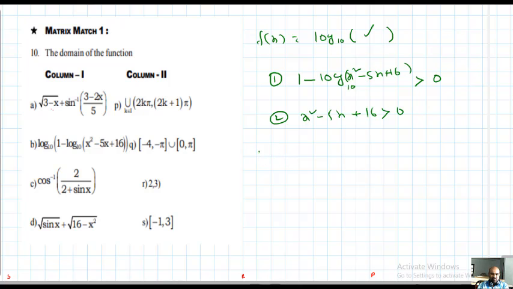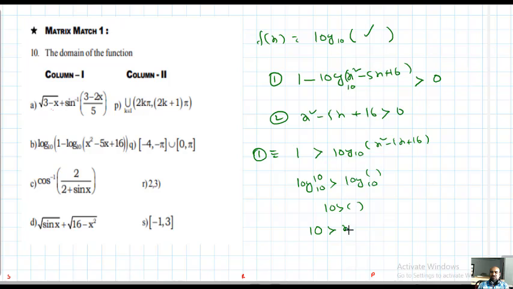One by one I want to solve. What is the first one? 1 greater than logarithm of x square minus 5x plus 16 to base 10. Instead of 1 I can write log 10 base 10. So log 10 base 10 is greater than log of something base 10, which means 10 should be greater than that something. So 10 greater than x square minus 5x plus 16, or in another sense, x square minus 5x plus 6 is less than 0.